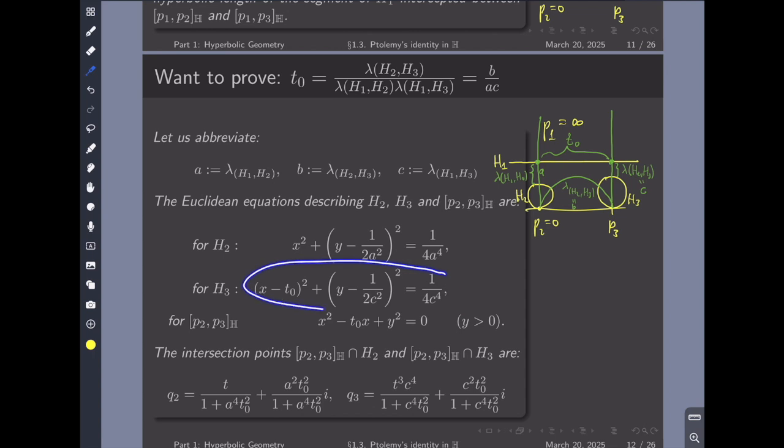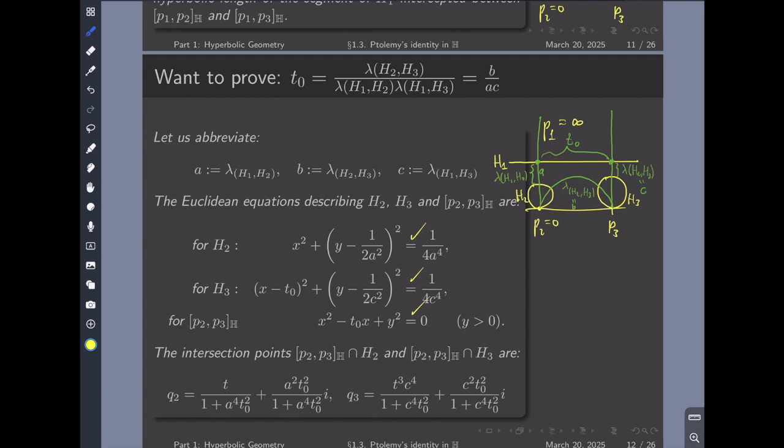So this one is correct. And for this geodesic connecting P2 and P3, you compute. This is really super easy, and you get this, of course looking only at y positive. So this is fine.